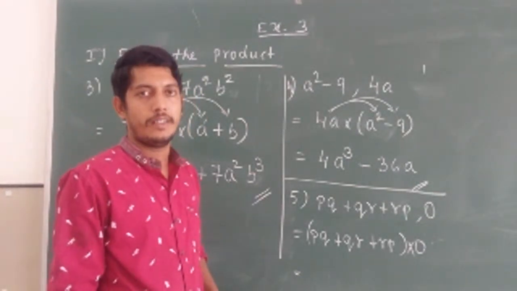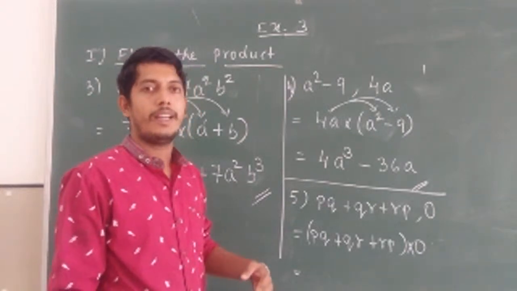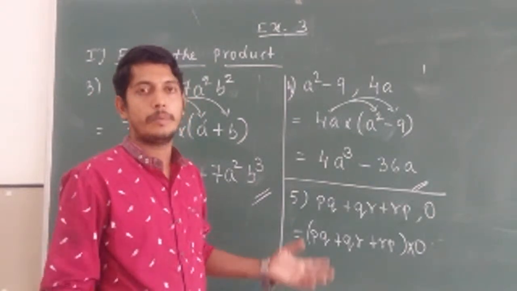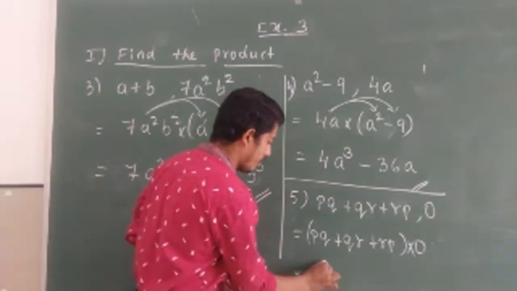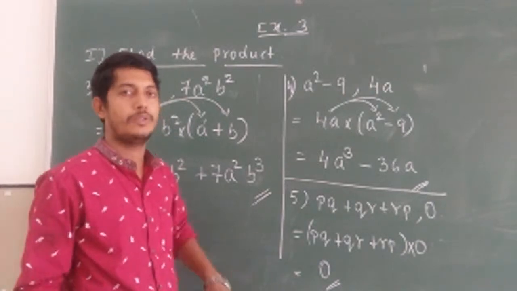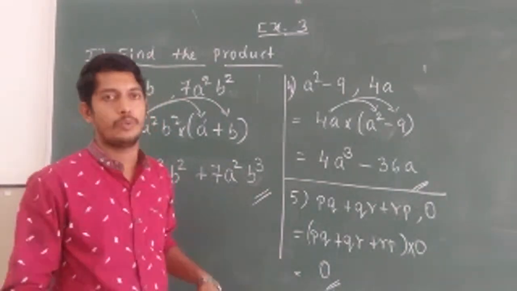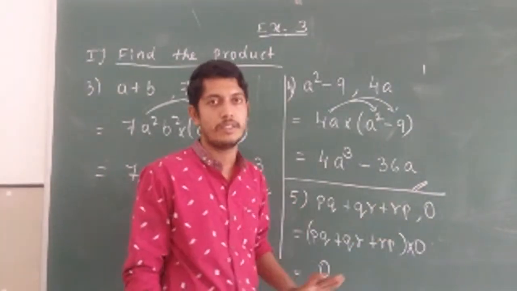And we know one property, that when we multiply any term by 0, it becomes 0. Therefore, this whole answer is 0. So the product of pq plus qr plus rp and 0 is 0.